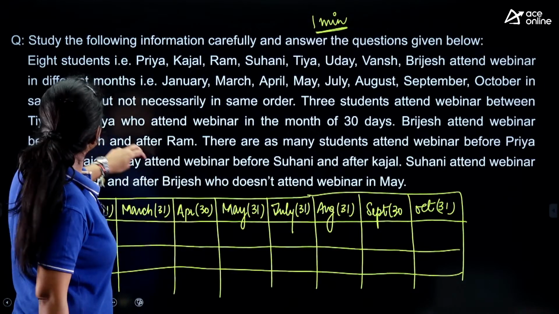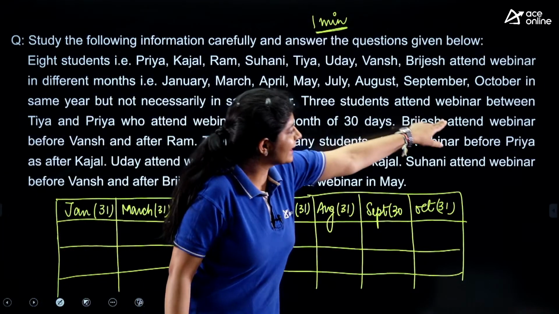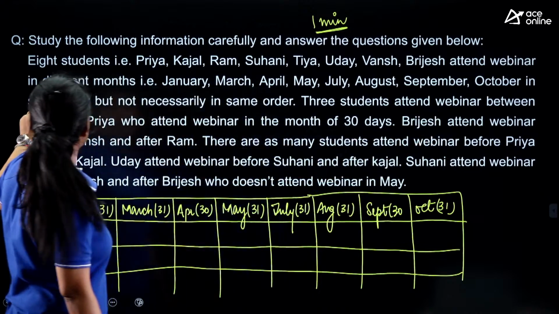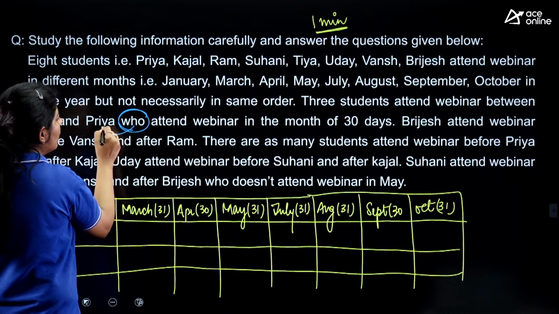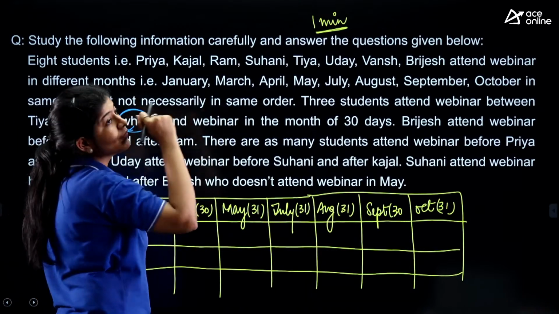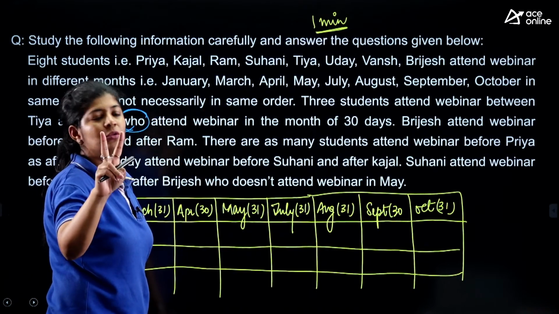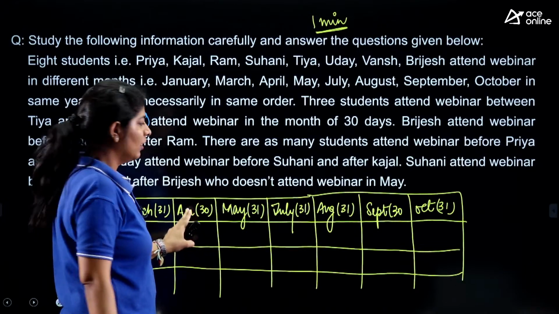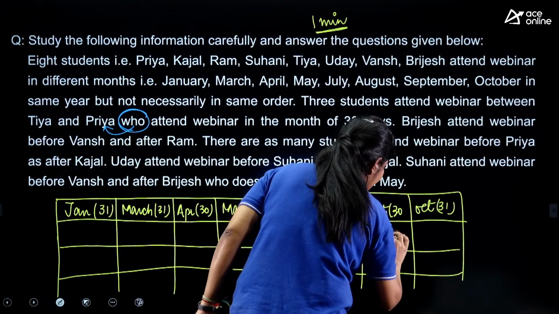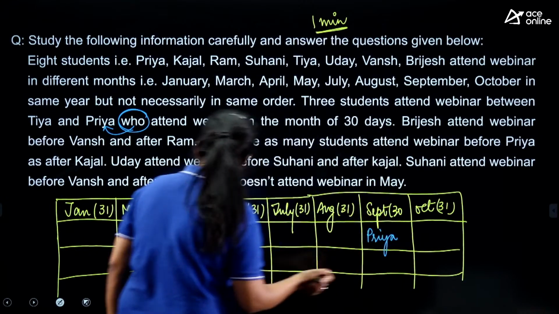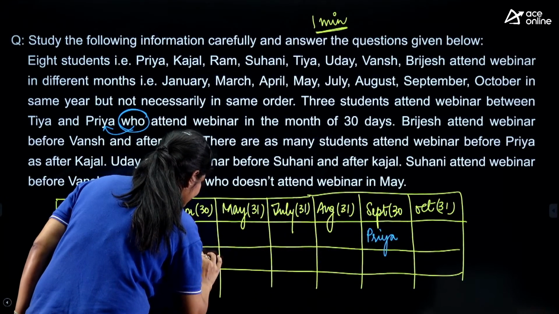So the question is saying that 3 students attend the webinar between Tia and Priya. Now, for Priya, we have data that she attends the webinar in a month of 30 days. We only have 2 such months. It may be April or it may be September. So there are chances that we have Priya over here or over here, right?